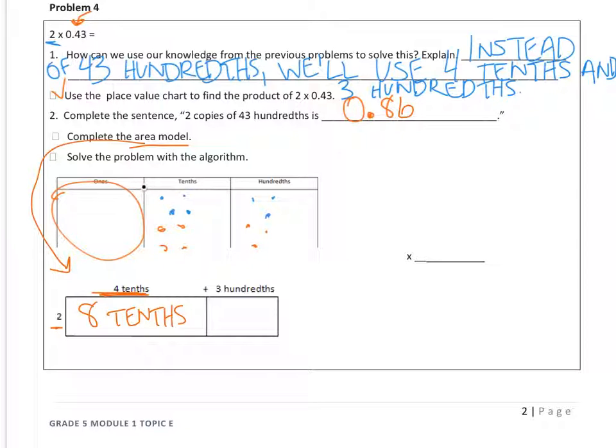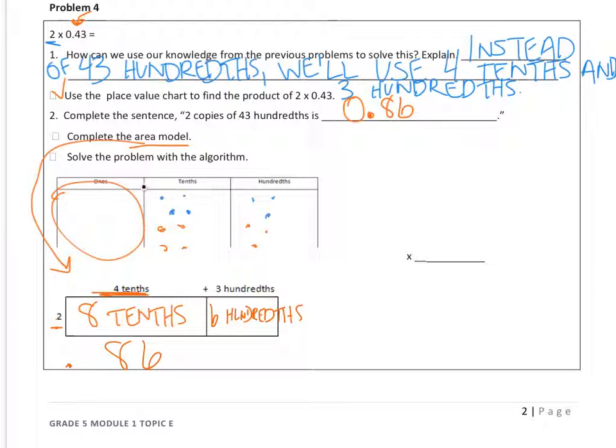So over here I have 2 times 3 hundredths. So I have 6 hundredths. And then we could write that out as, because we know our decimal would be right there. So that's another way we can multiply, using area models. I love area models. I think they're great.